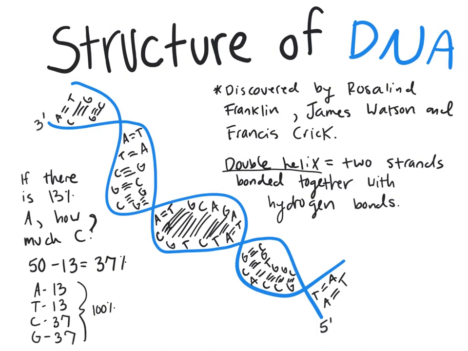What I really want you to know is that if it's 3 to 5 here, and you can trace it back, this is the same strand, that means on the other side, it has to be 5 to 3.